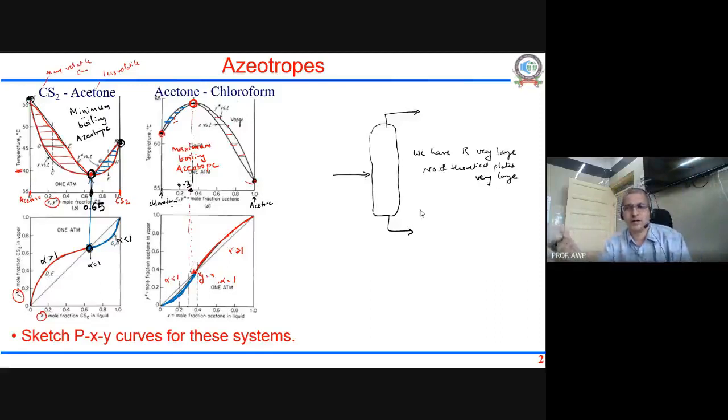It's not infinite reflux because some separation is occurring, so we have to take out a product. So R is very large, let's say 20 or 30, and a very large number of theoretical plates, let's say 100. Can everybody visualize?